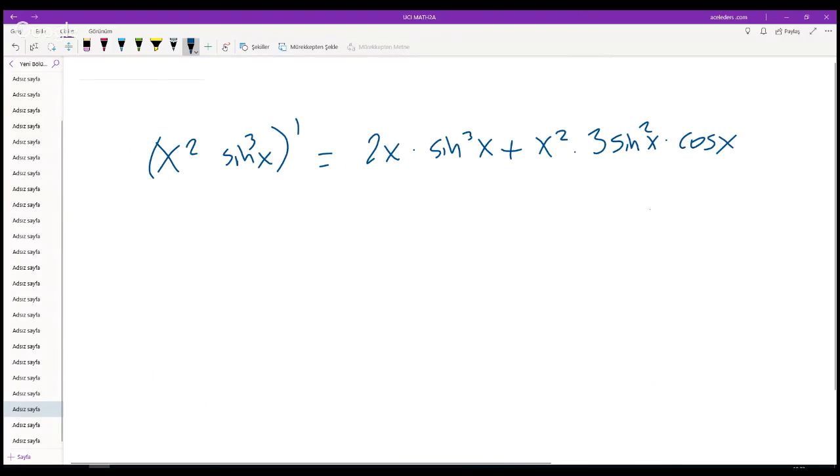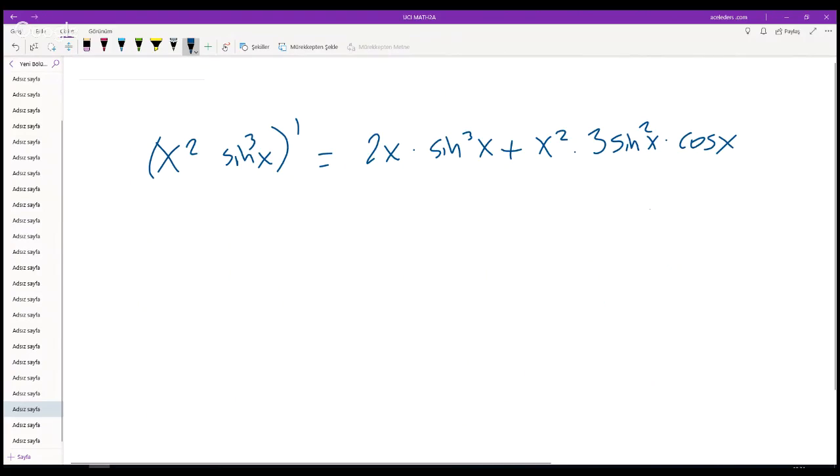That is the derivative. First, we take the derivative of the first term, then the second term is written exactly as it is, then the derivative of the second term and the first term is.